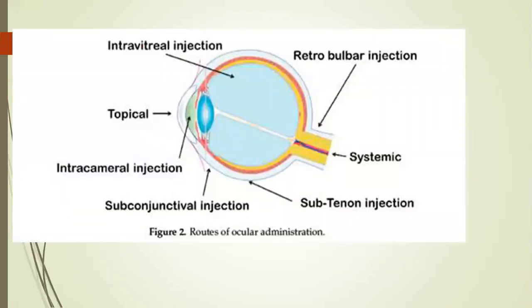So here you can see this is the intravitreal injection, this is the retrobulbar injection, this is the subtenon injection site, this is subconjunctival injection, then intracameral injection can be given here, and this is the topical route.